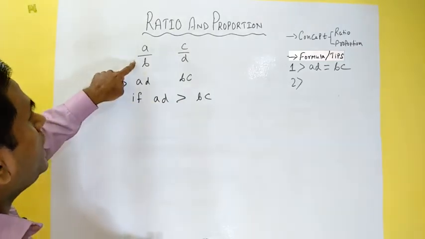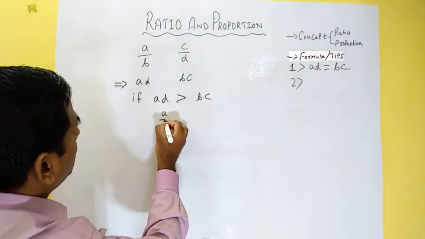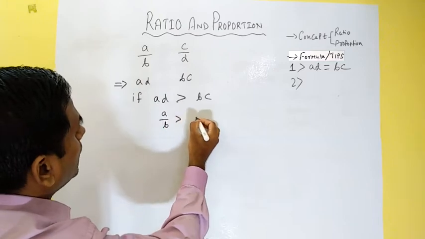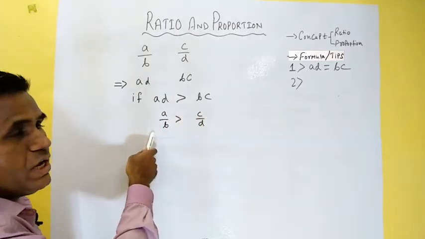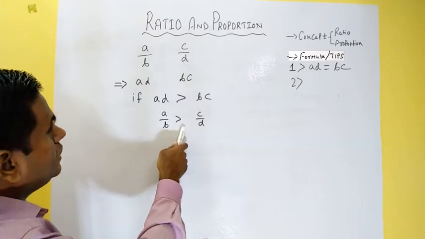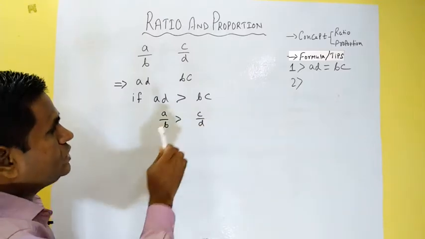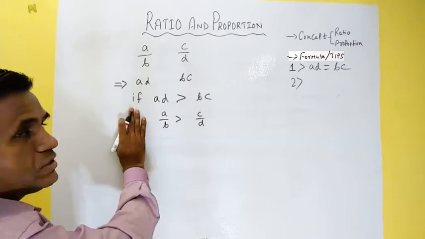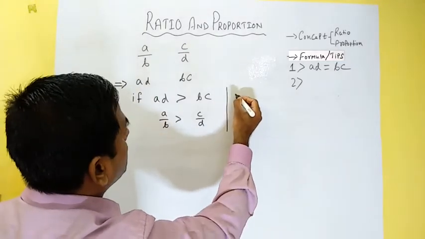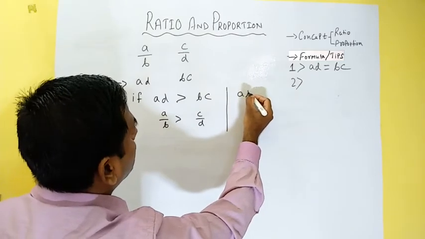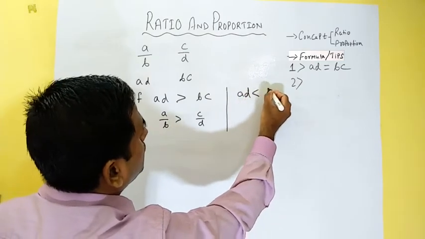So we can say A upon B is greater than C upon D. That means the first ratio A upon B is greater than the second ratio C upon D. Now, if this does not happen, then next, AD is less than BC.